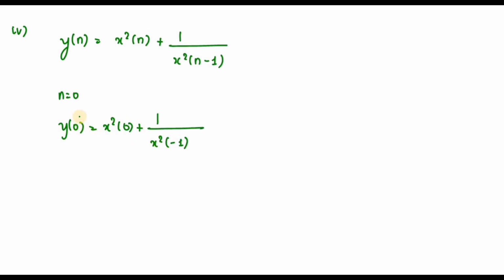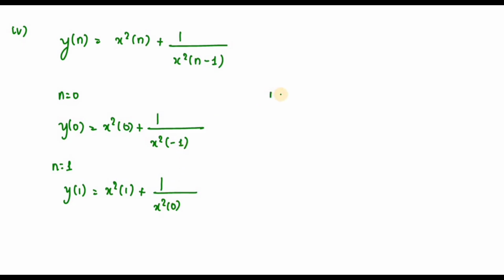So it depends on the present input and the past input. If I substitute n is equal to 1, y of 1 is equal to x square of 2 divided by x square of 0. So here also it depends on the present input and the past input.